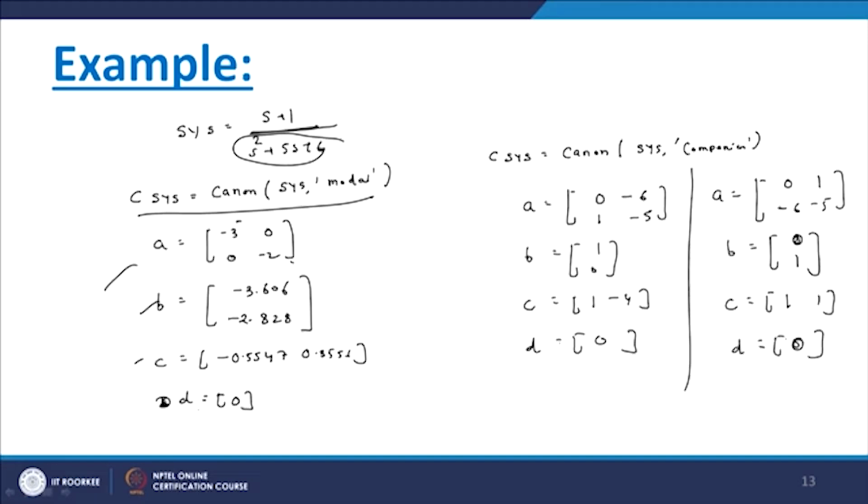Here we find that if you take the transpose of this, you will get the other form.